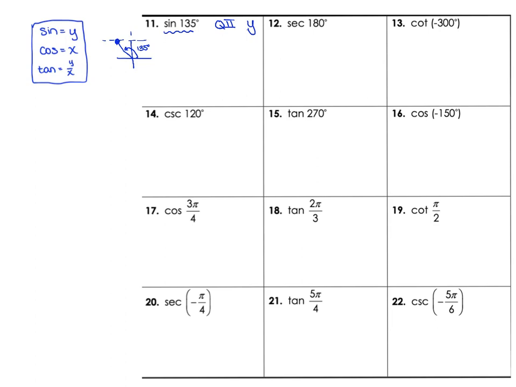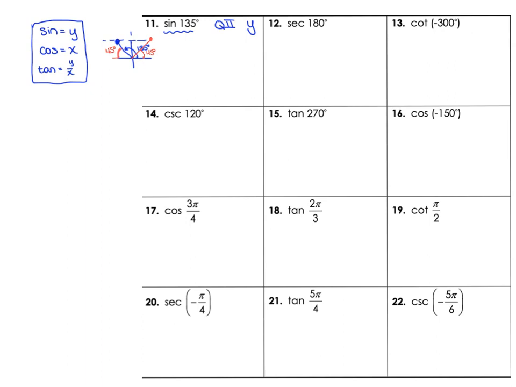Well, I'm not asking you to memorize the angles outside of the first quadrant, only the first quadrant. So we have to ask ourselves, what is the reference angle of 135 degrees? The reference angle, the distance from 135 to 180, is 45 degrees. So if we know the y value of 45 degrees, we're going to know the y value of 135 degrees. They're the same.